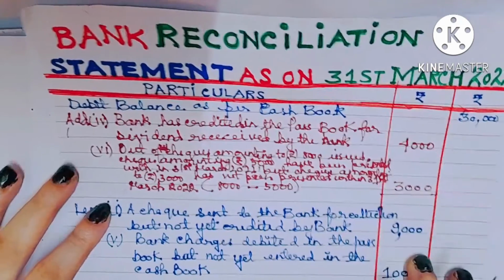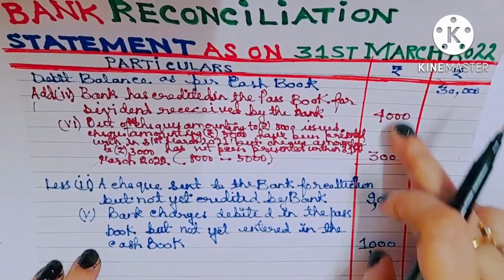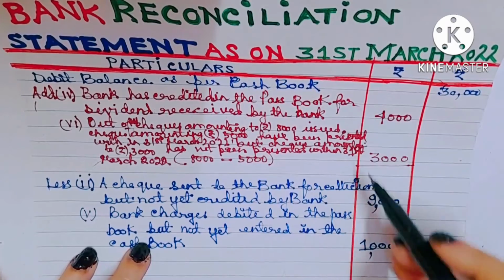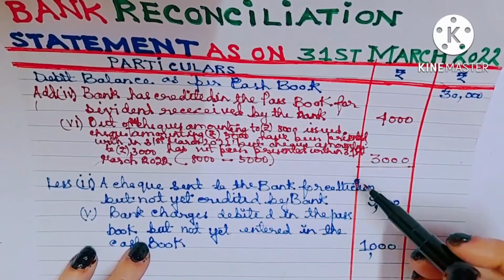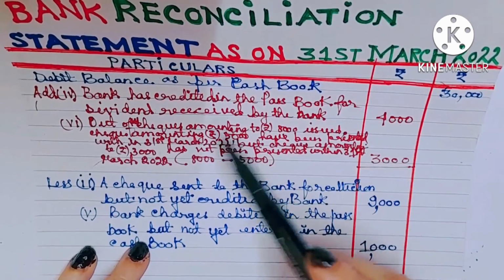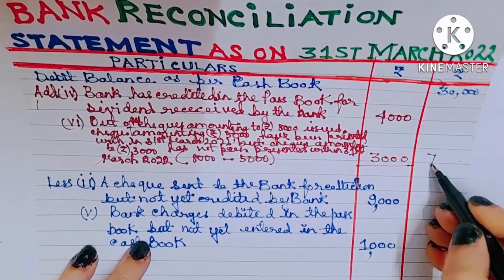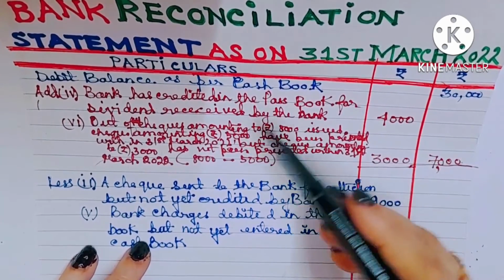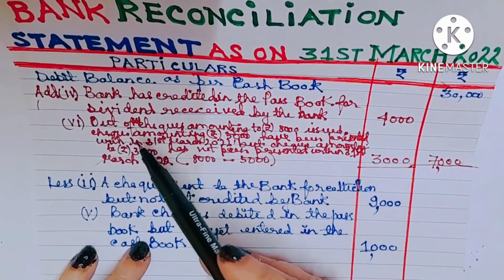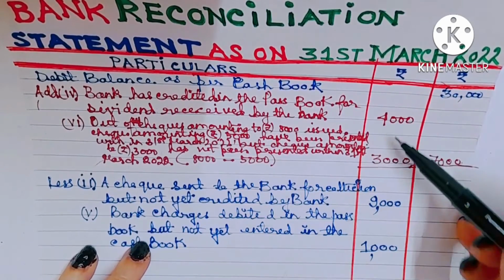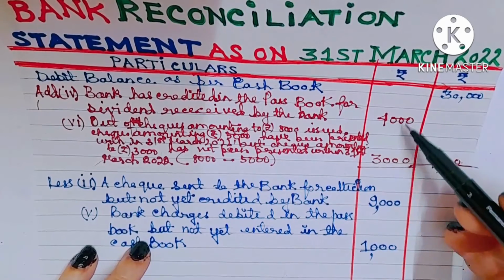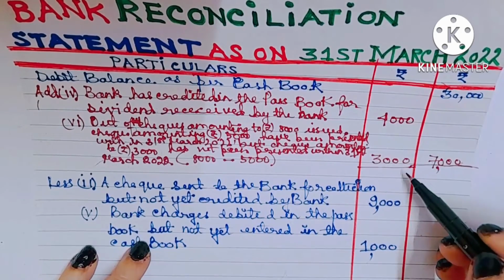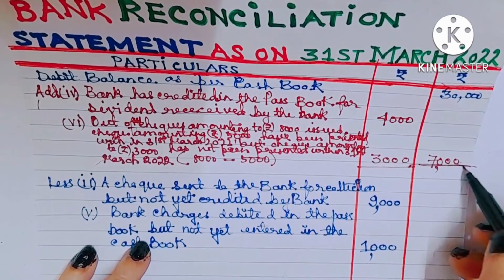Now our job is to add these two. There are only two transactions which we are going to add. 4,000 plus 3,000 will give you 7,000. We will add the two and write the total in the outer column, the second column.